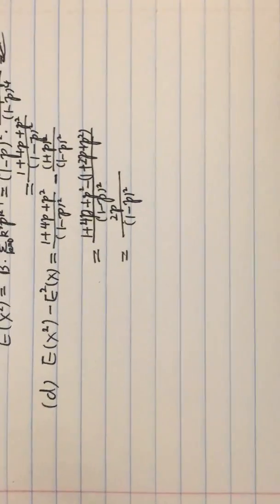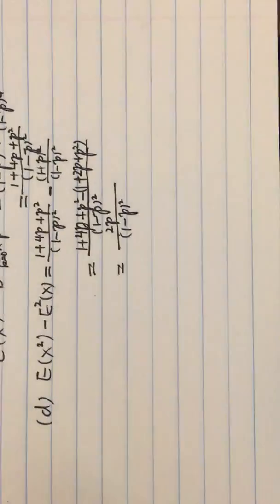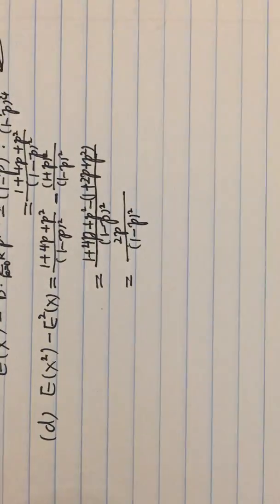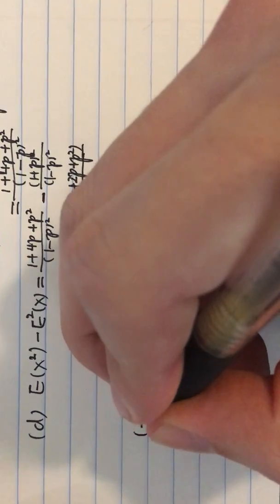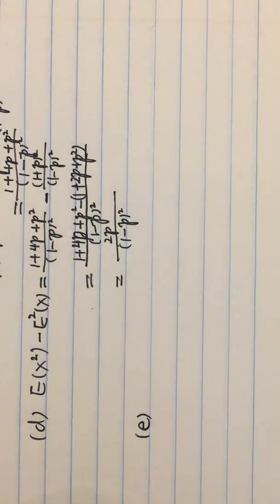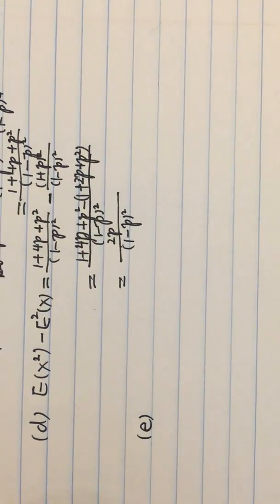The last problem is problem number E. It says that p equals 1 over 3.